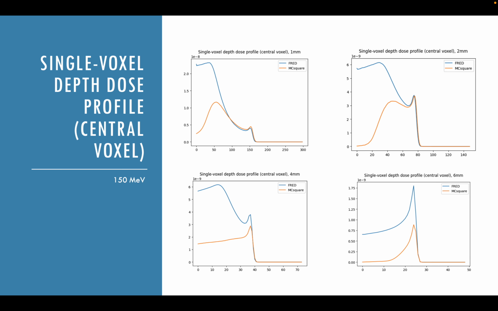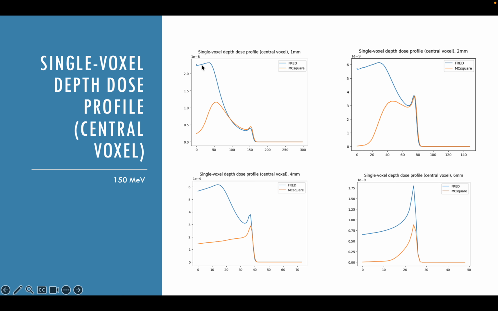Now we take one central voxel and shoot a proton, not one proton, like 1 million protons, through it to understand how the energy is getting deposited. Again, this is not integrated depth dose, it is just depth dose along that voxel, along the central line.